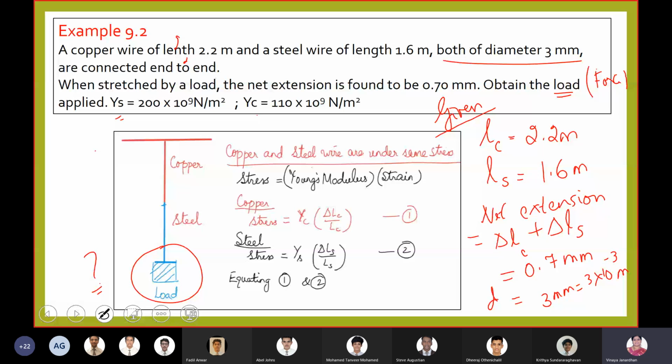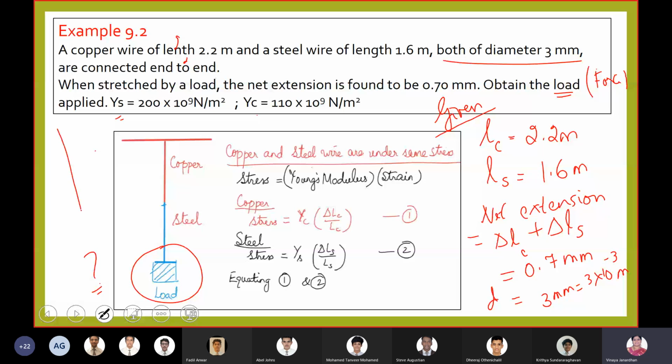See, both the wires are undergoing the same stress because the load is going to be the same. Both the wires have the same diameter, so the force acting on them per unit area will be the same, which means the stress will be the same. So what is stress?